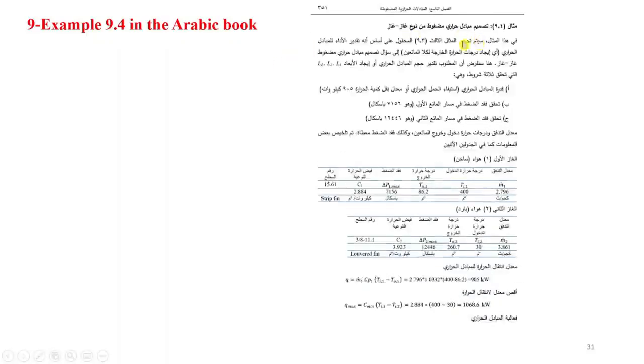If somebody is interested, this is page 351 in chapter 9, and this is the statement of the problem, which is exactly the same as what we did in English: the allowable pressure drop on sides 1 and 2, the inlet data for side 1 and side 2, and the heat transfer area.